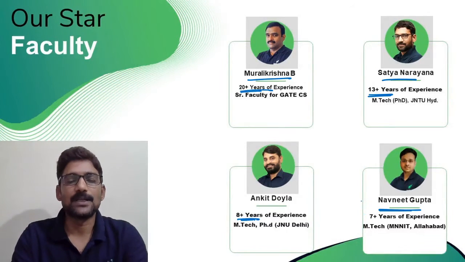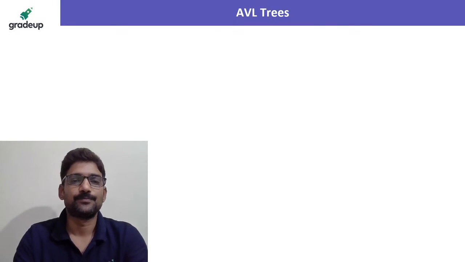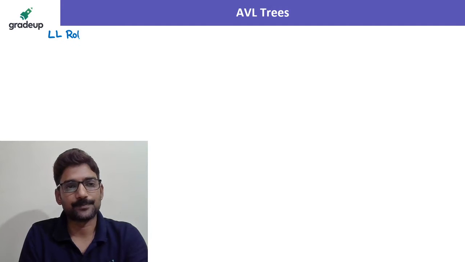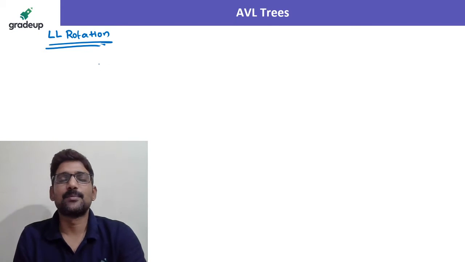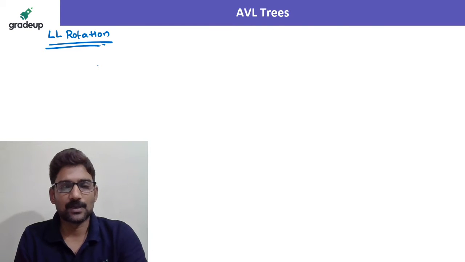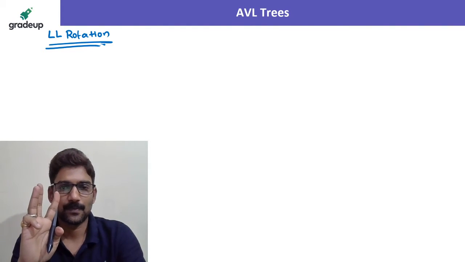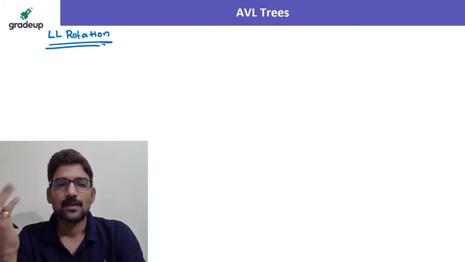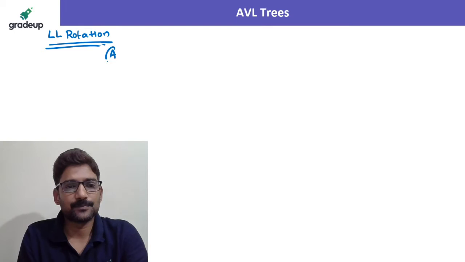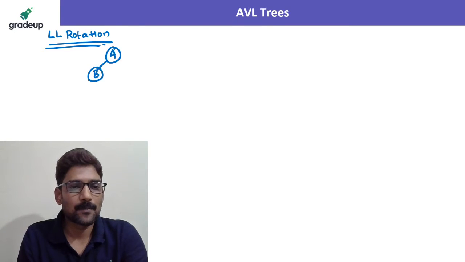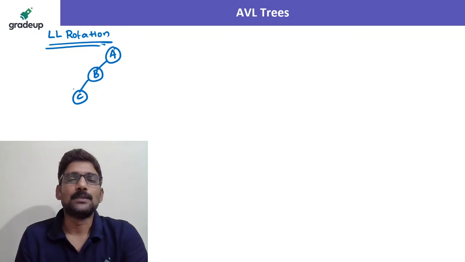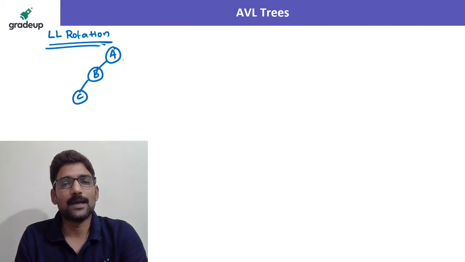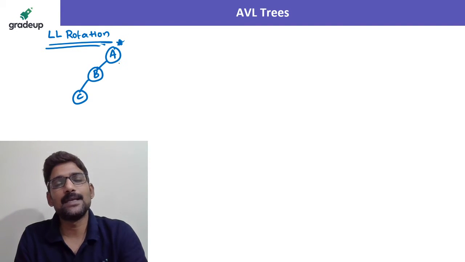Now let us see what these rotations are and when we perform them. So first, LL rotation. Guys, always remember there may be any number of nodes. For rotations, we have to identify 3 nodes. I am naming them A, B, C. You can use any other names. Suppose we have nodes in this way, A, B, C, left skewed, such that A is the critical node.